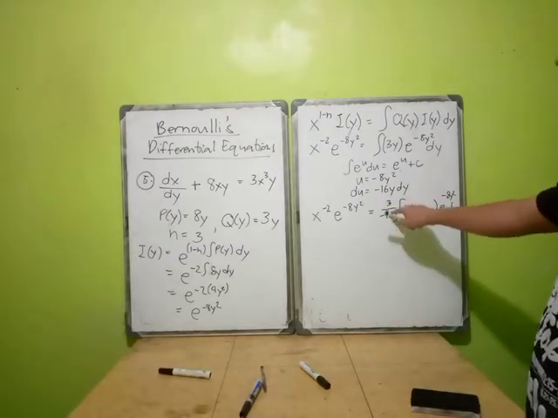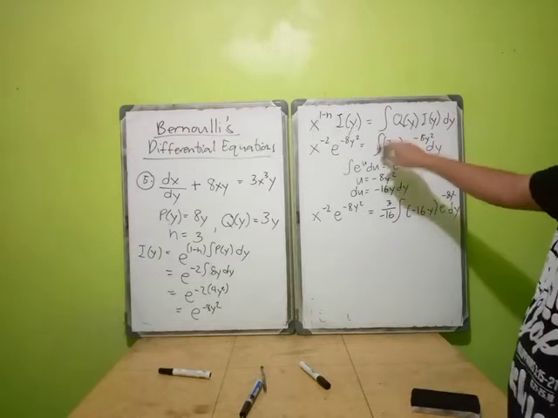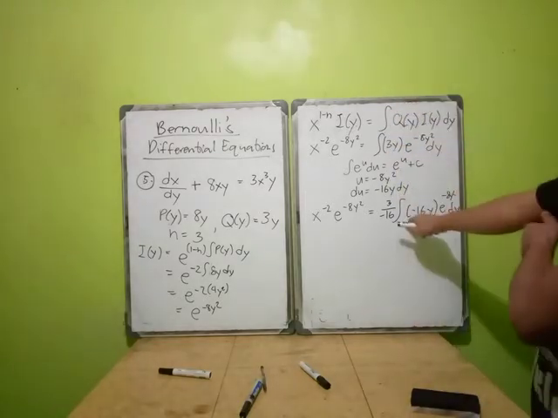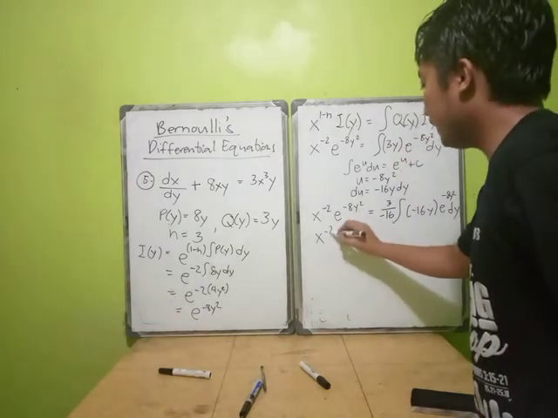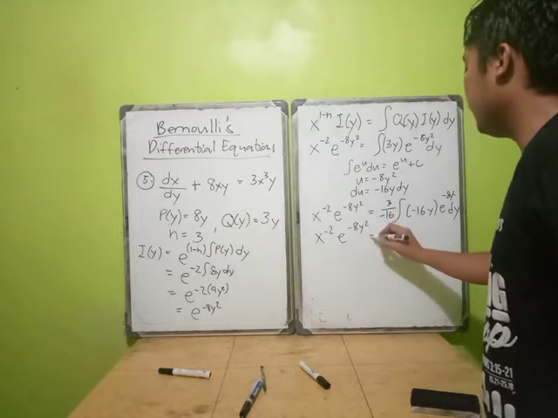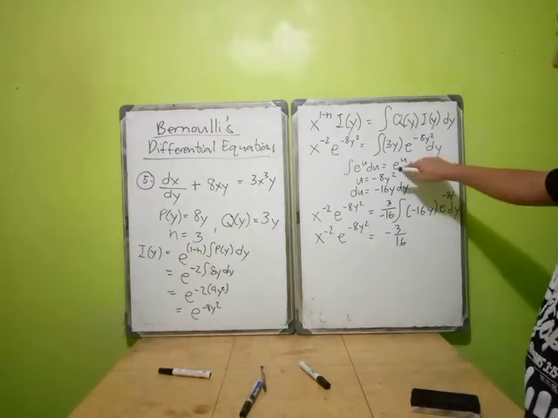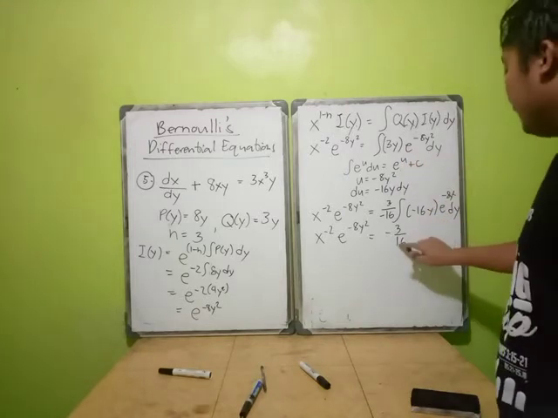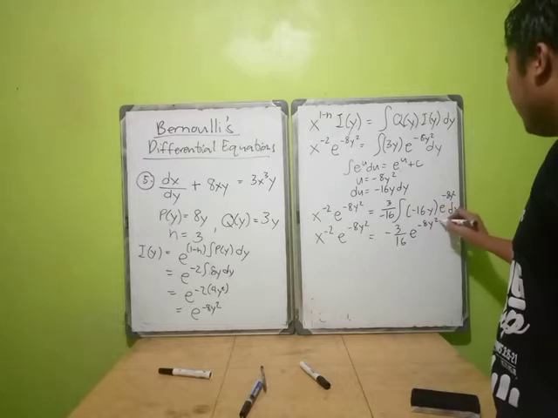Okay, so magiging 3 over negative 16 kasi pag minultiply ko ito, babalik siya sa 3y. Okay, so they are just equivalent. Okay, so magiging x to the negative 2 times e to the 8y squared is equal to negative 3 over 16. Isang integral na to, magiging e^u plus C. So, magiging siya, e to the negative 8y squared na lang plus C.